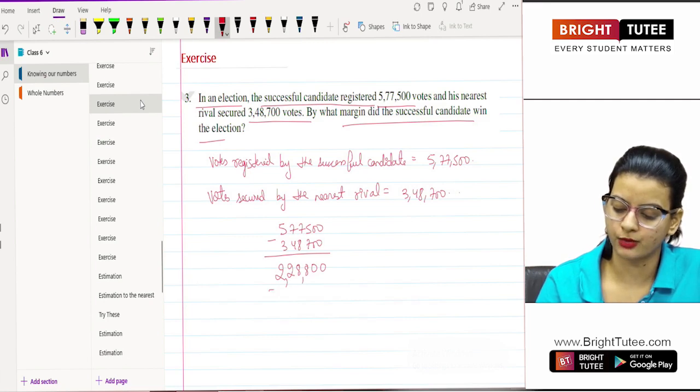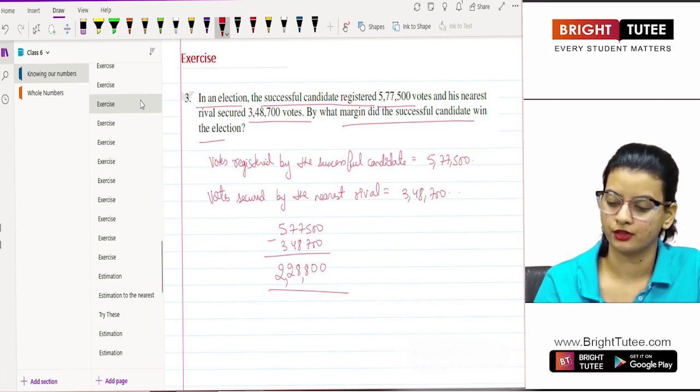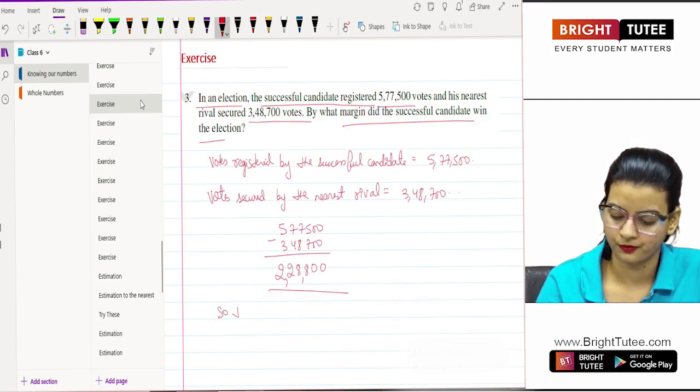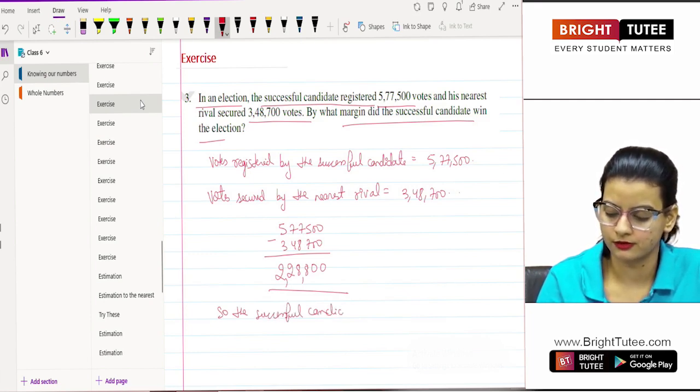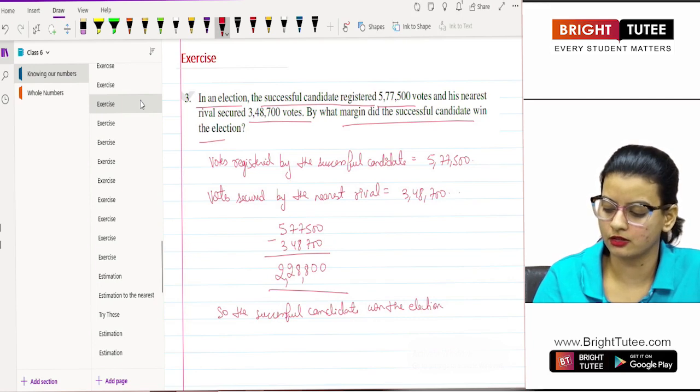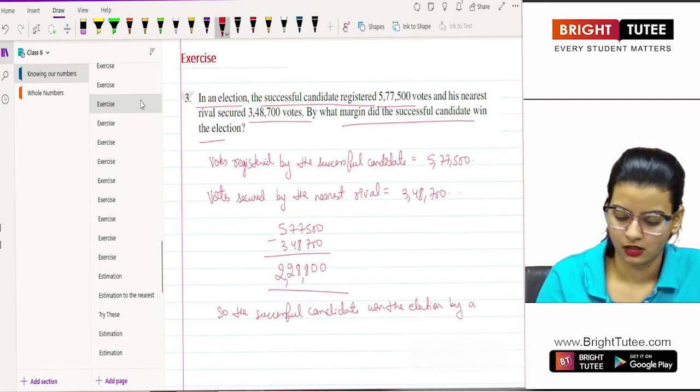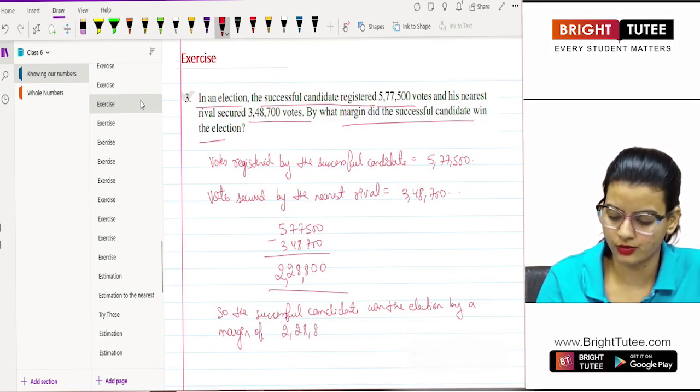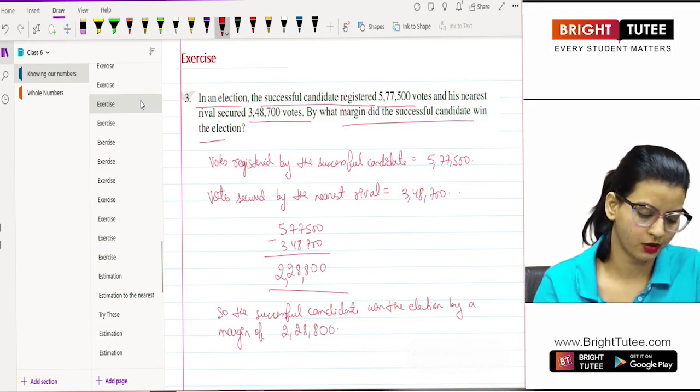So 2,28,800. So the successful candidate won the election by a margin of 2,28,800.